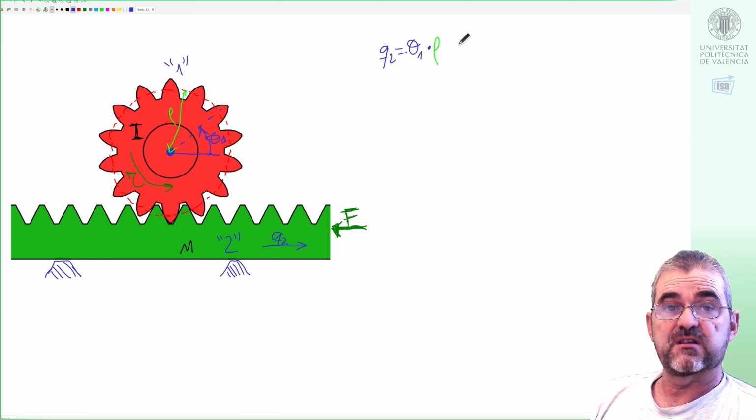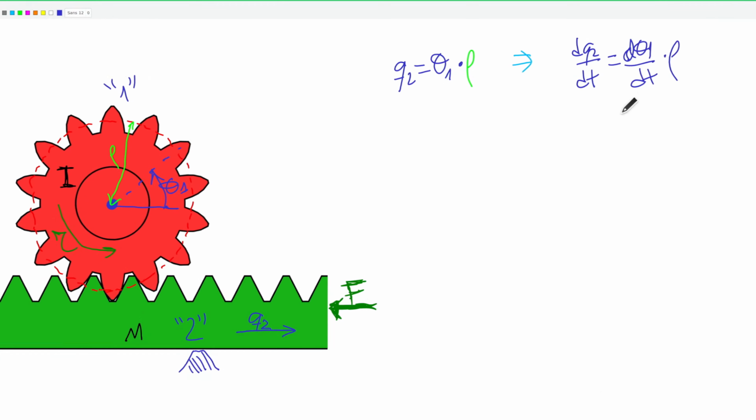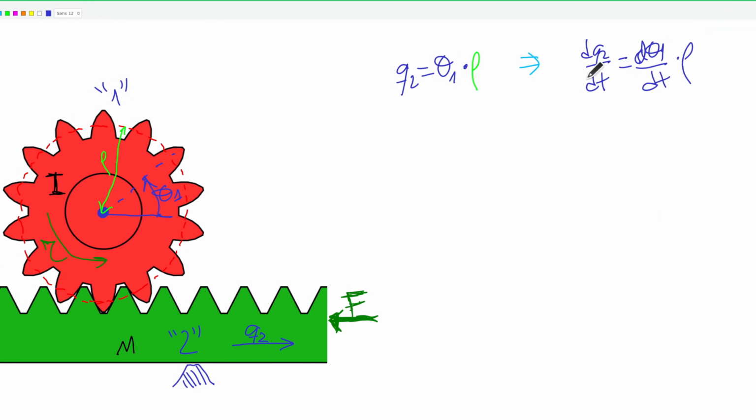Of course, this equation can be equivalently written as this kinematic constraint in velocities, but they are the same except for integration constants when going from velocities to positions. As integration constants are what we consider to be zero in our reference system, we will consider these two equations to be the same.